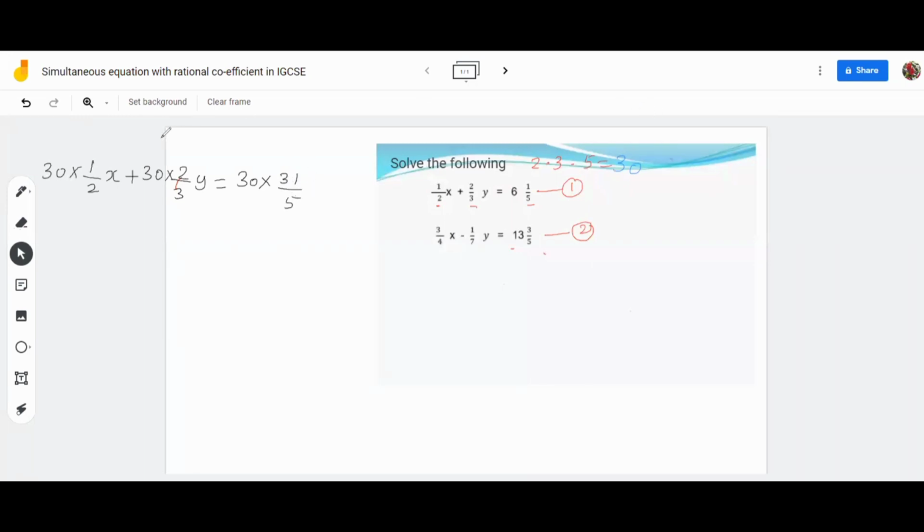Fine. Let me find the simplest form of 30 and 2.